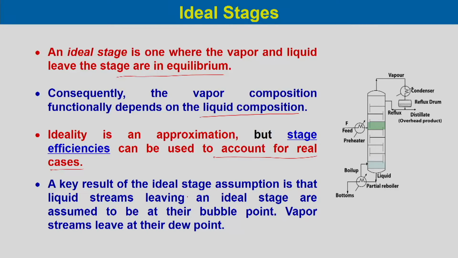That is the important assumption for an ideal stage: the liquid stream leaving an ideal stage is assumed to be at its bubble point, and the vapor which leaves the tray will be at its dew point if it is an ideal tray.